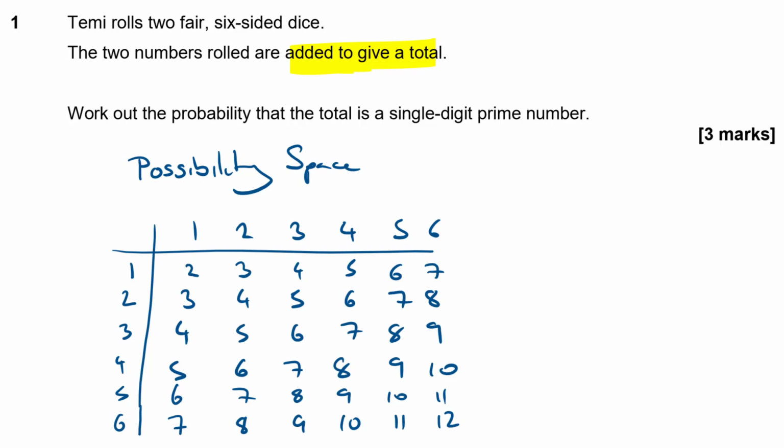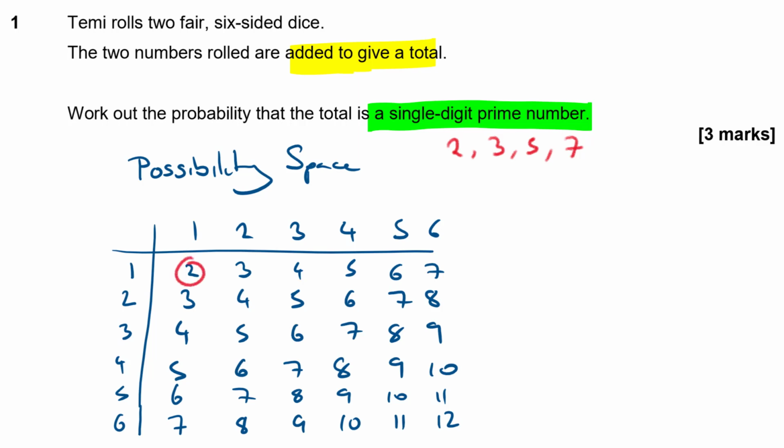Now we want the single digit prime numbers. They're the outcomes we're interested in. Now the single digit prime numbers are the numbers 2, 3, 5, or 7. So we can look at our possibility space and count how many entries we've got of those 4 different outcomes.